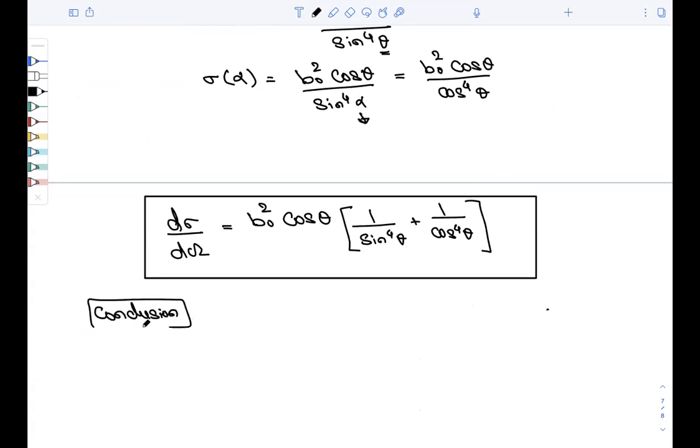So, conclusion again. First, we will try to explain this. Right? So, you don't have to go too deep into the explanation.